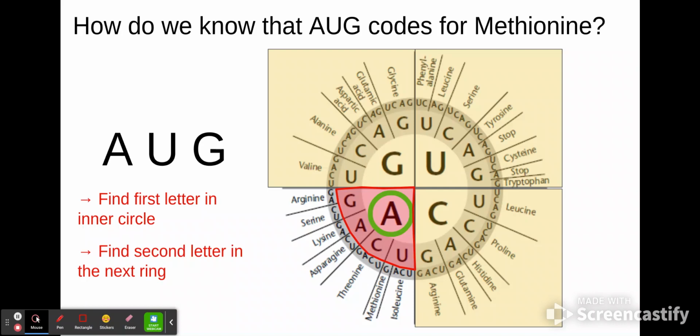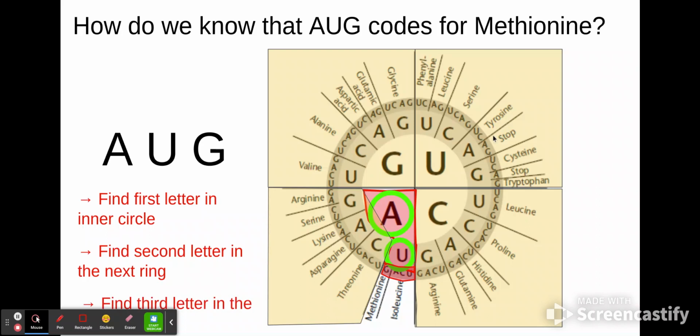Then it's going to be G. So I'm going to find U. Notice I find U. See how my line here, right there, U, I'm going to block off everything that's not part of that U. And then I'm going to find my third letter, which, Riley, what's my third letter?